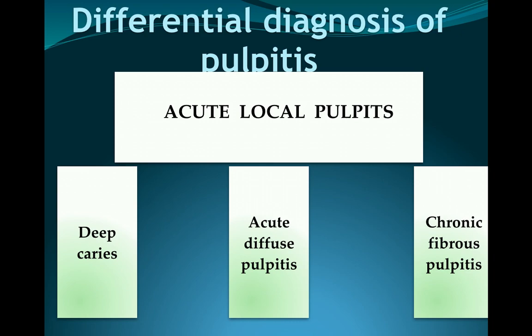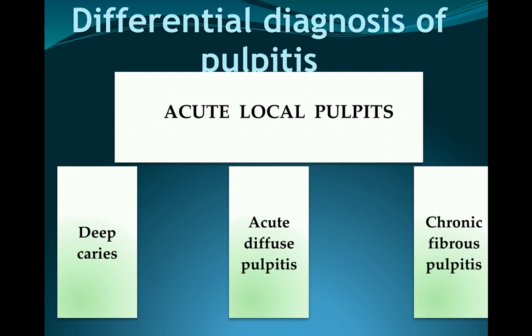But how can we differentiate them? With acute local pulpitis, pain is localized in one area or one tooth, and the patient may show which tooth is painful. But with acute diffuse pulpitis, pain irradiates to the branches of the trigeminal nerve. That's why with acute diffuse pulpitis, the patient can't show where the painful tooth is.